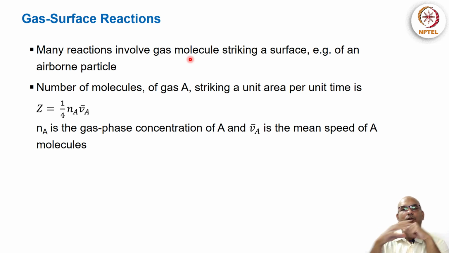So, the number of molecules of gas A striking a unit area per unit time would be 1/4 the number of molecules multiplied by VA, which is the mean speed of our gas molecules.